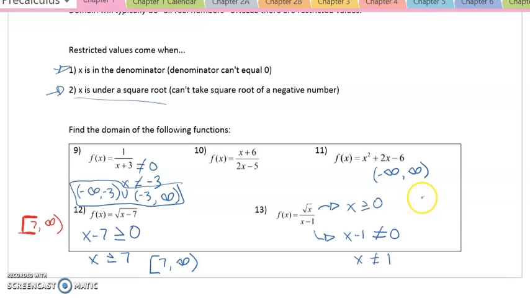Well, from this first part, if the only restriction was from the numerator, do we agree this would be from 0 to infinity, right, with a bracket on 0? However, I need to take out a number. I need to take out 1. So this actually changes into, when I think about this other restriction, okay, I can be from 0 up to 1. I remove it, and then I continue all the way to infinity.